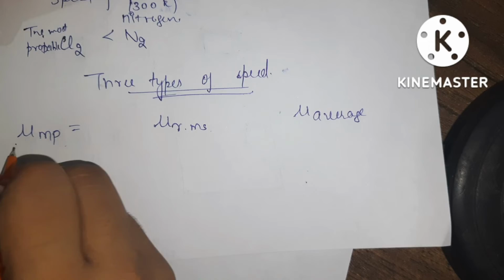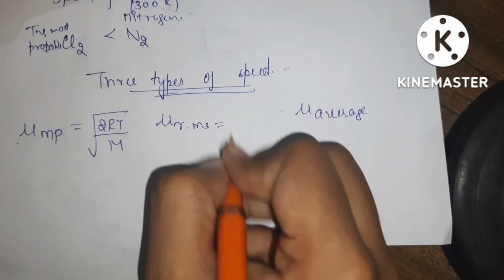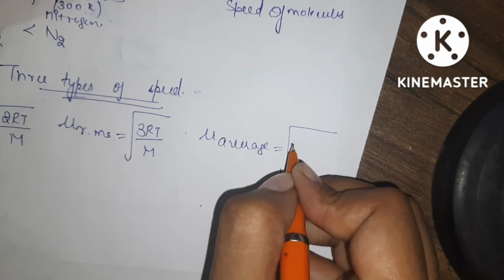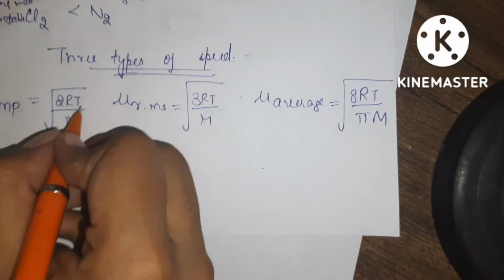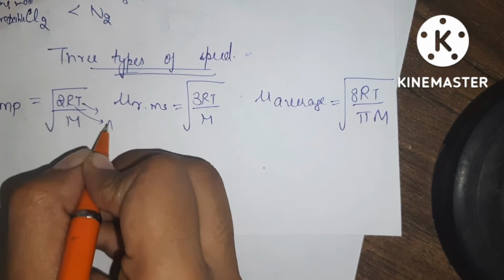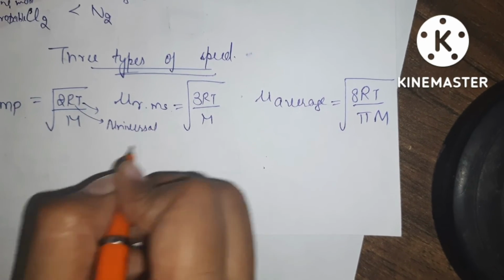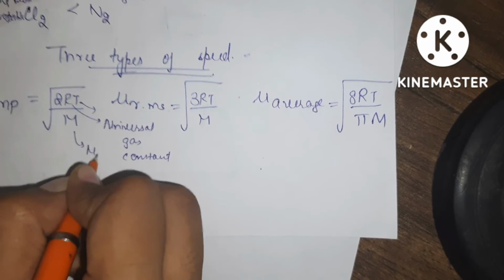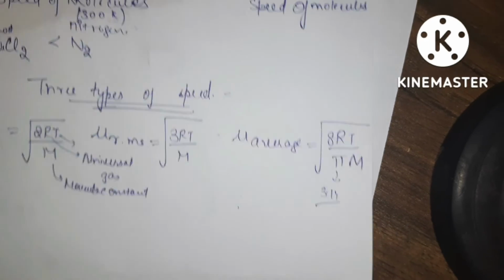The formula of most probable speed is root 2RT divided by M. Root mean square speed is root 3RT divided by M. Average speed is root 8RT divided by piM. Here T is temperature, R is the universal gas constant, M is molecular mass, and pi is 3.14, you can put it.